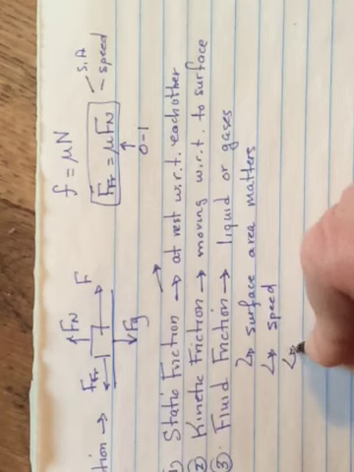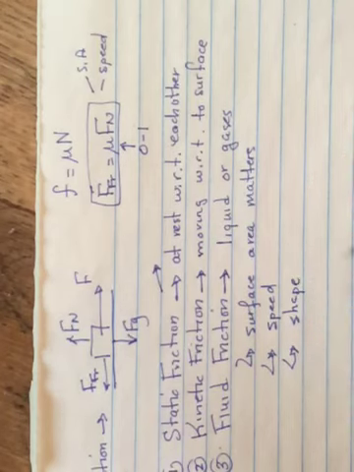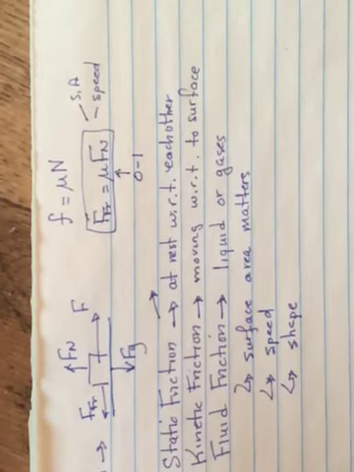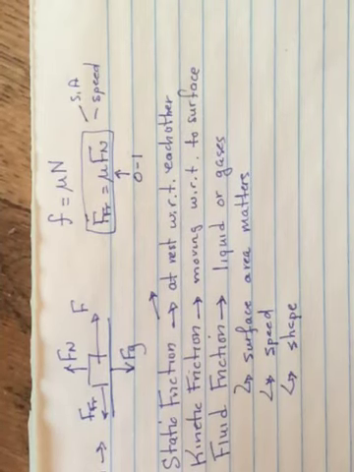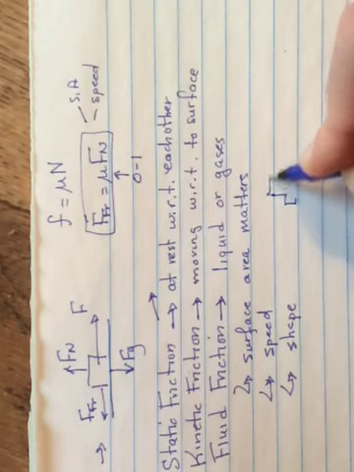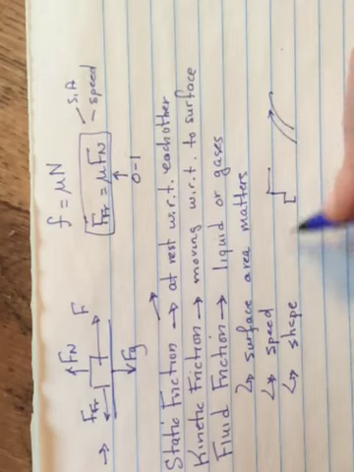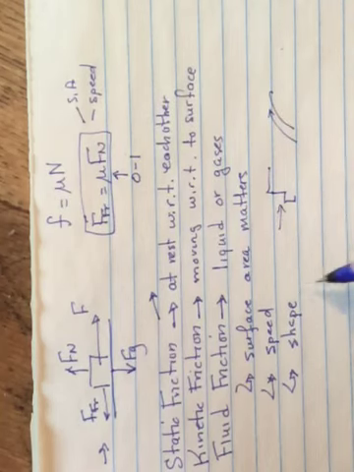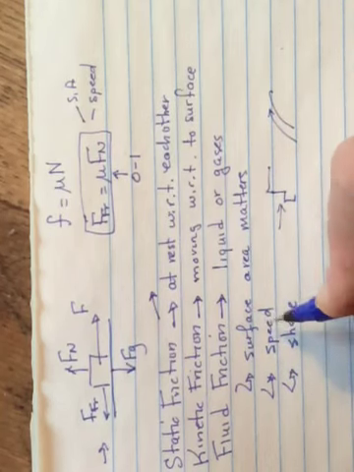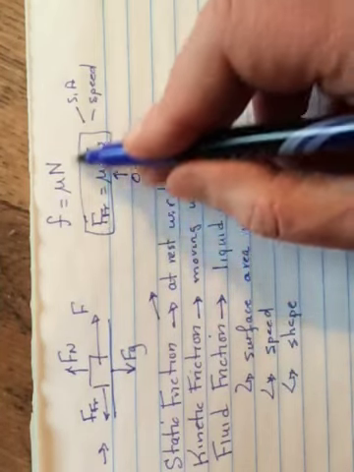The other thing that matters is the shape of the object. It's why cars and trucks tend to be streamlined. When minivans first came out, they were straight in the front and they were gas guzzlers. So now they're more streamlined so the air can flow up over them more instead of just hitting it. Okay, so because these three things matter, fluid friction does not obey this equation.